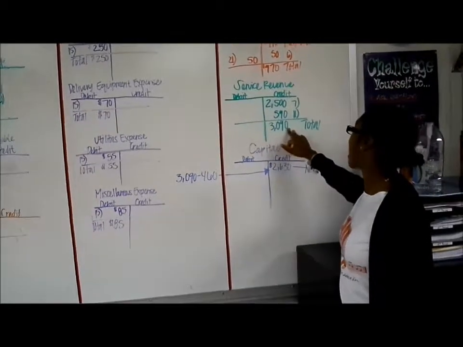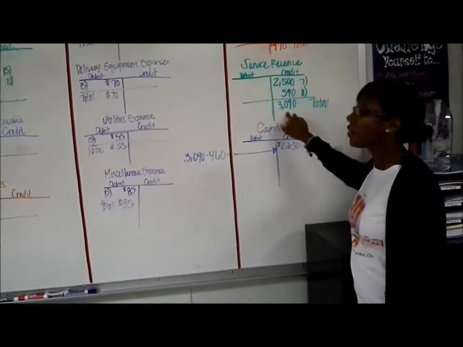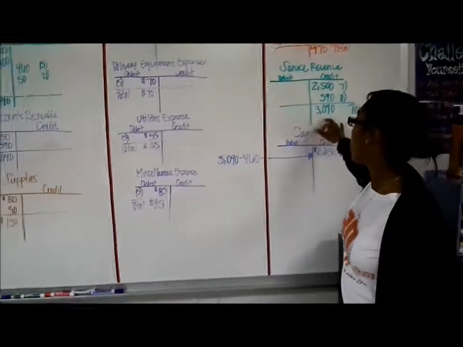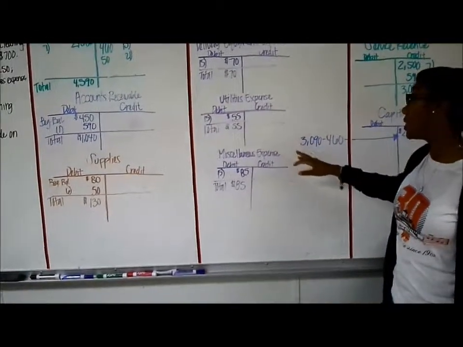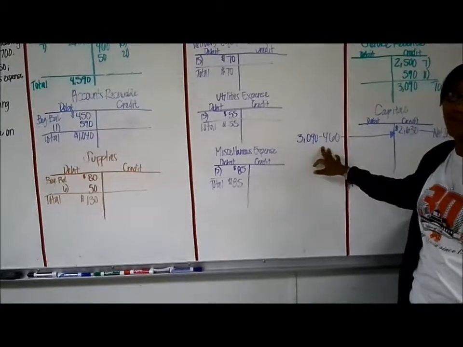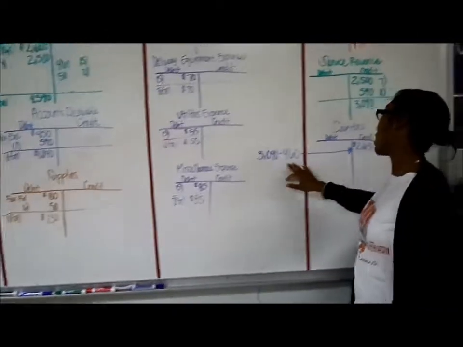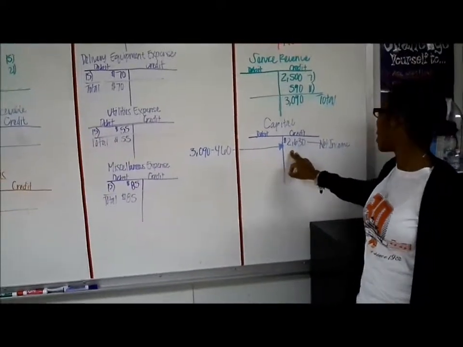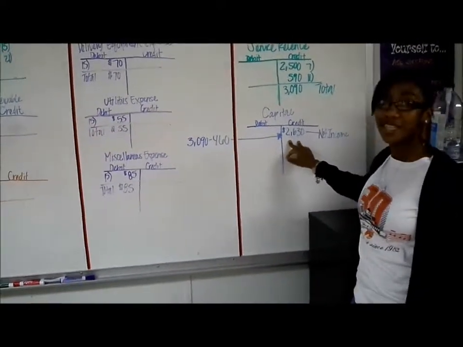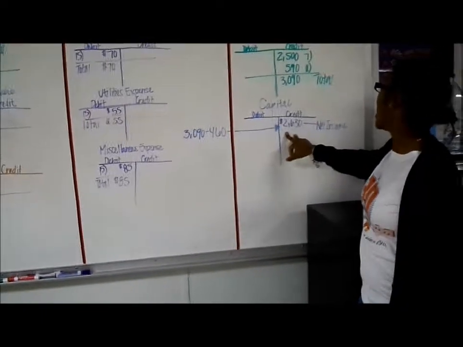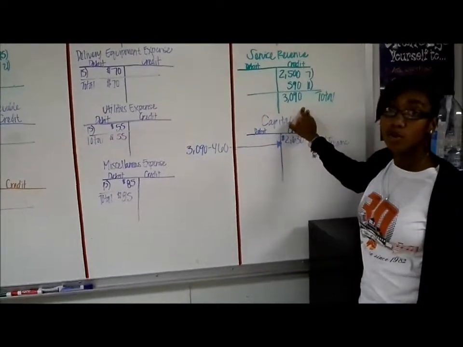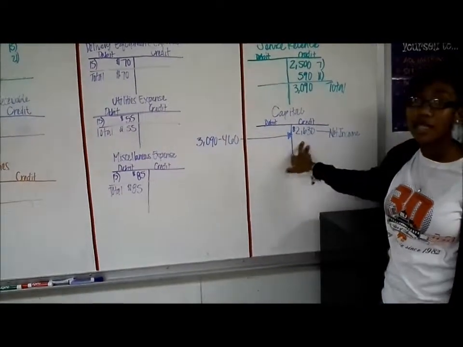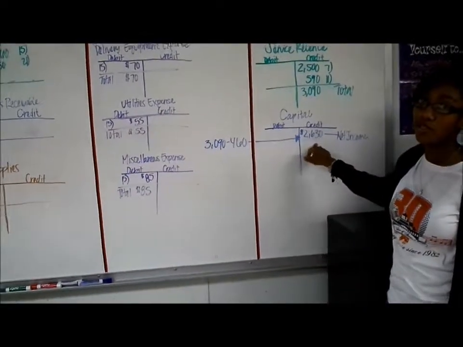In this case, you have a total revenue amount of $3,090, and total expenses of $460. You take the difference of that, and you get an amount of $2,630. Because your revenue is more than your expenses, it would be a net income. So you would credit that to the capital account to increase your capital account.